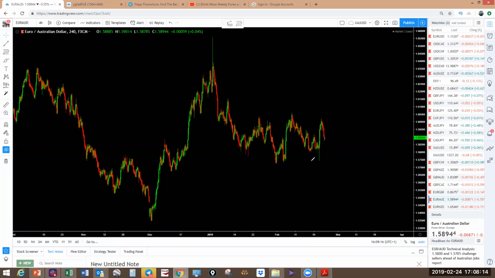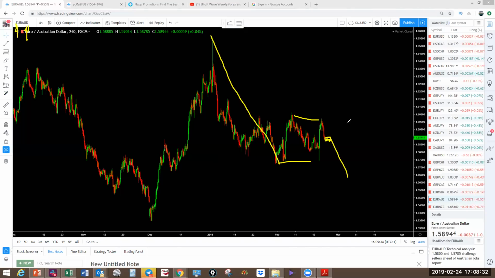So for this to be a corrective structure, there's a bit of a contradiction because now you're expecting Euro up and you've got AUD up. So this is the structure that we're going to be looking at. It's clear. We're going to look at this as a corrective structure and continuation to the downside. So let's look at this to correct and further downside here.